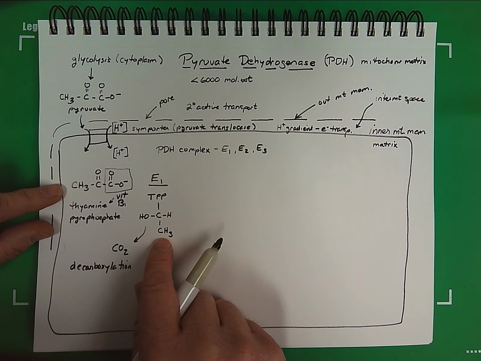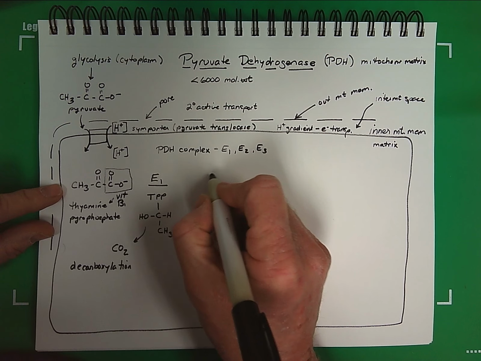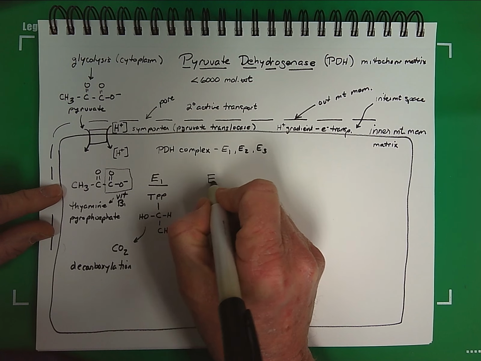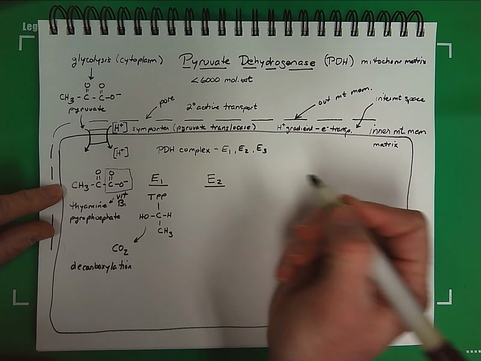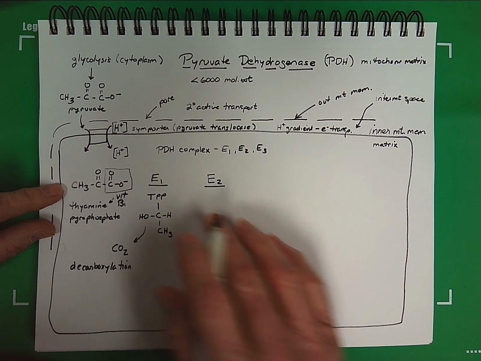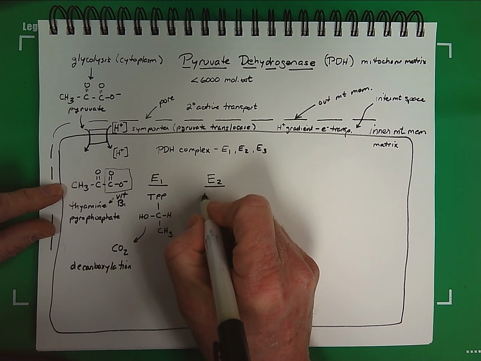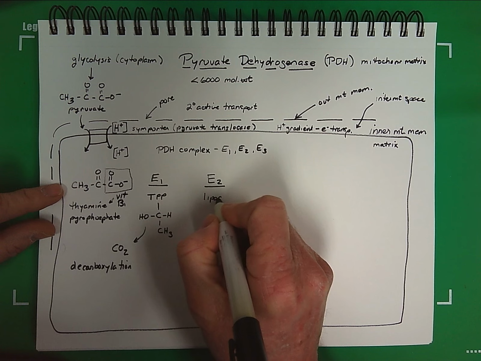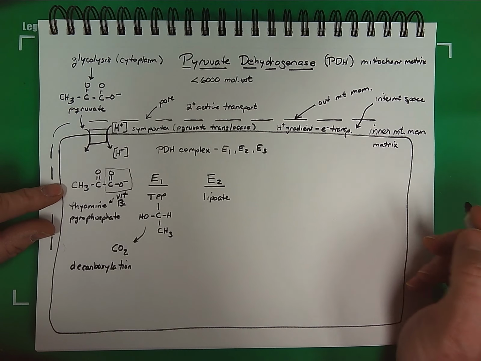Now, the next step of this reaction is going to require the E2 enzyme subunit. E2 now has a group that is called lipoate. This is another cofactor.